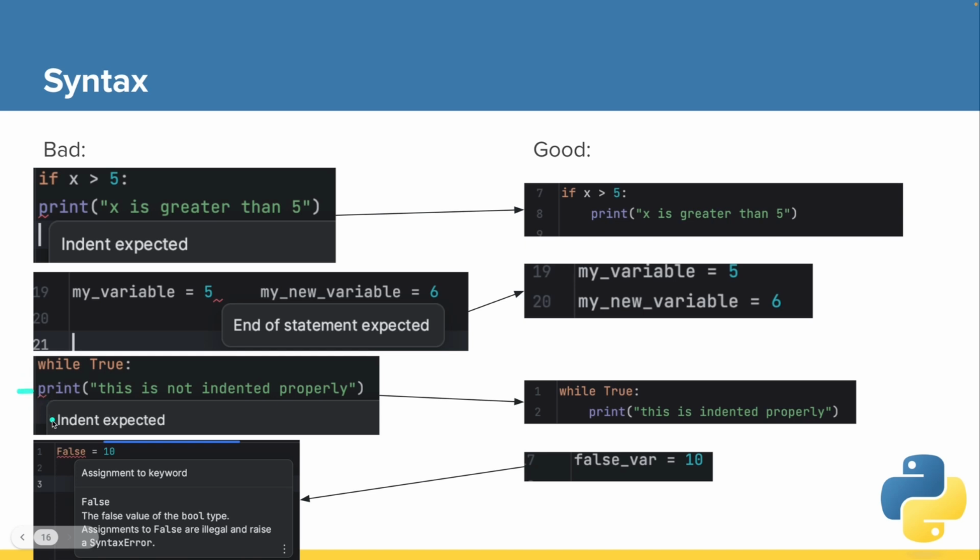It's expecting an indent, as we see here. So just remember, indentation is important. So if we indent that, we don't get any issues. And I'm showing an example of a keyword trying to be assigned and throwing an error, whereas we need to just come up with another name. We can't use that false name in our variable.